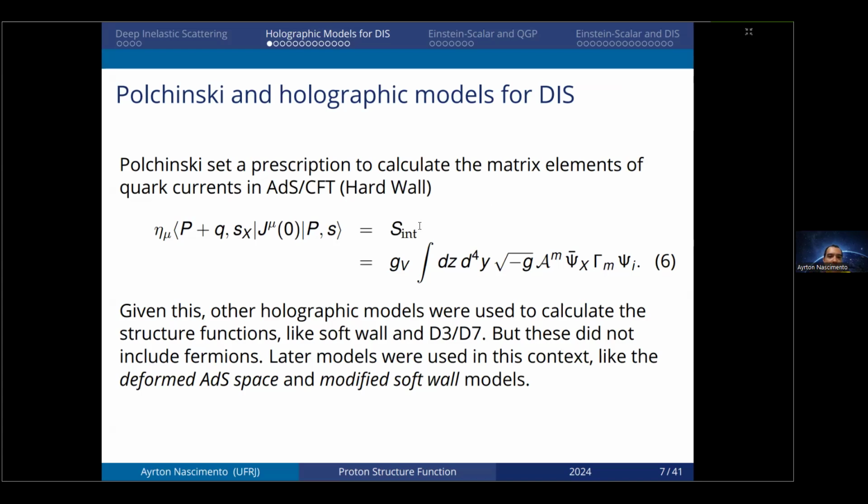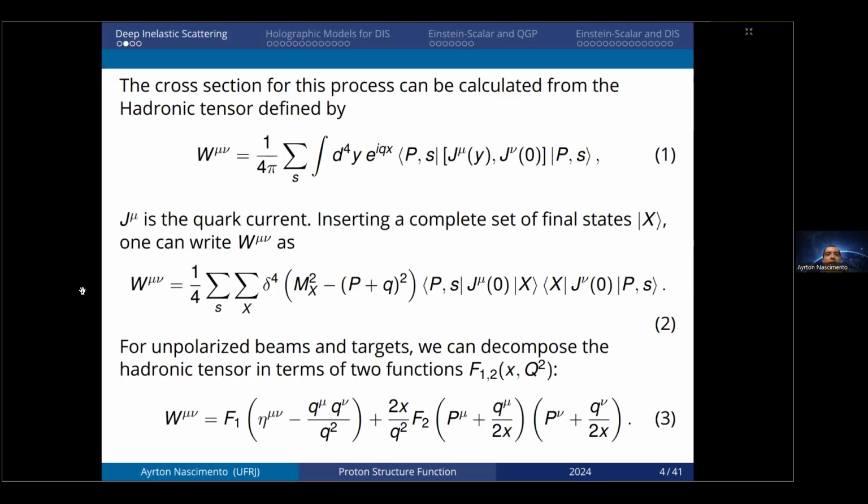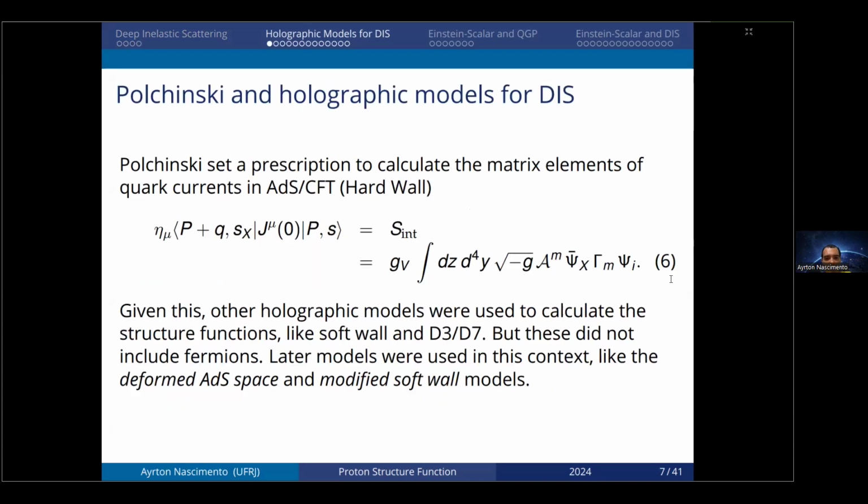So the prescription goes like this: you have this matrix element over here. This matrix element, if we go back here, let me go back a little bit, is inside the hadronic tensor, right? So Polchinski set this prescription for the hardwall model, and it is just an interaction action.